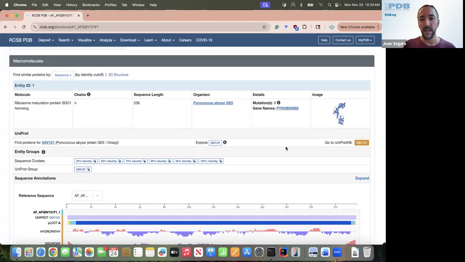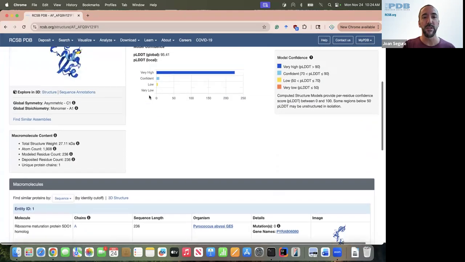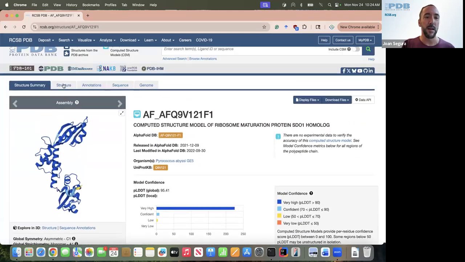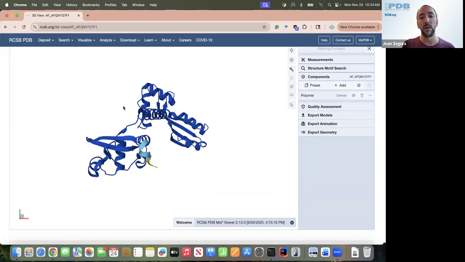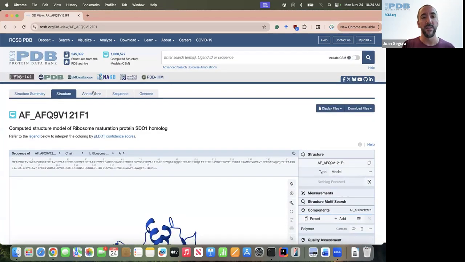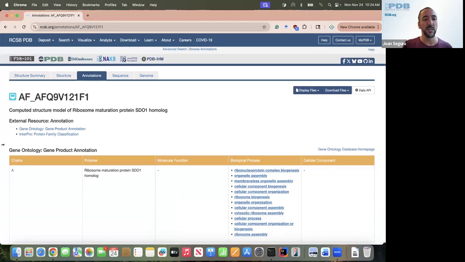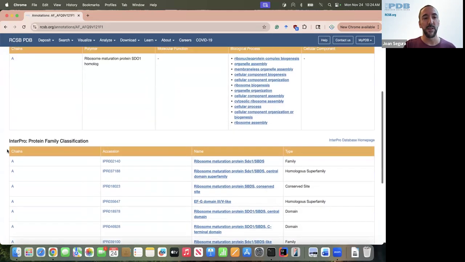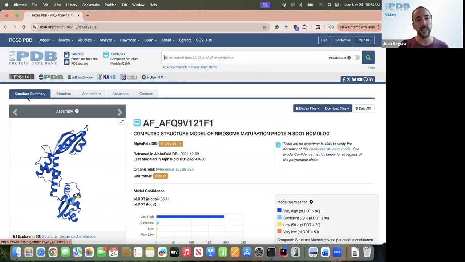You have the organism, you have genes, you can search by sequence similarity, search by 3D structure, and you have, for example, the structure tab where Mol* will display the structure of the model. You have the annotation tab where you will find the gene ontology terms, protein domain classification based on InterPro, and so on. The information that we have is the same.